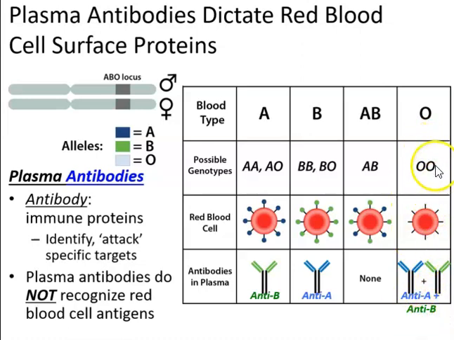Patients with type O blood are known as universal donors. So they can donate their blood to anybody. And that is because they have no antigens on the surface of their red blood cells that can cause an immune response or agglutination. Agglutination is just a fancy name for clumping of cells.